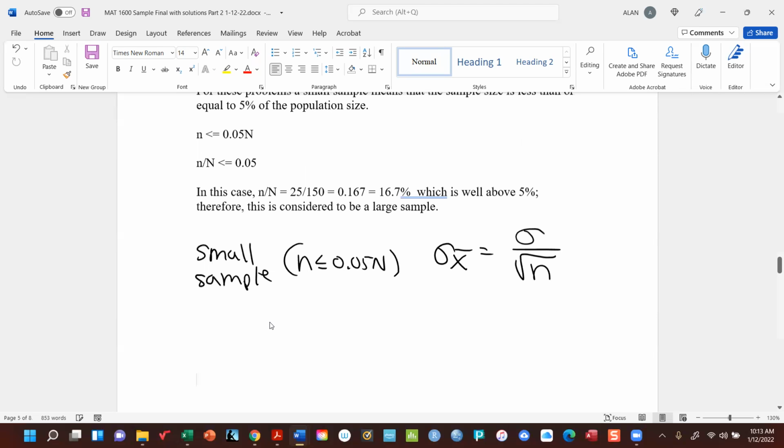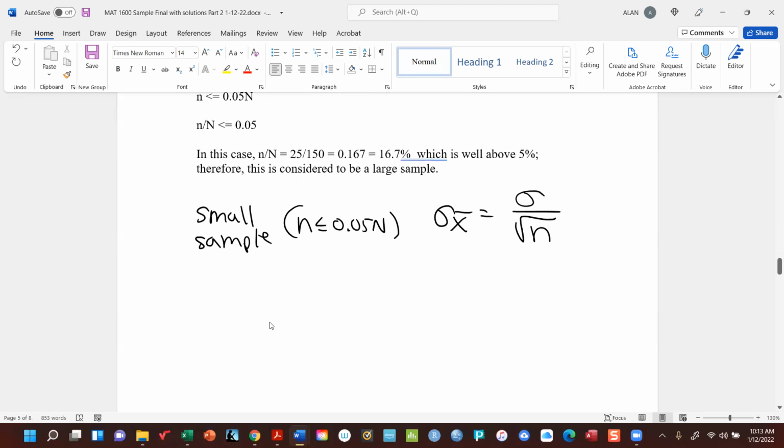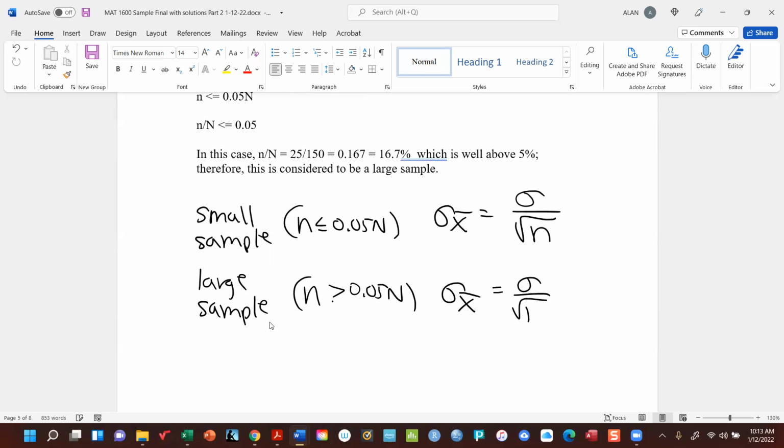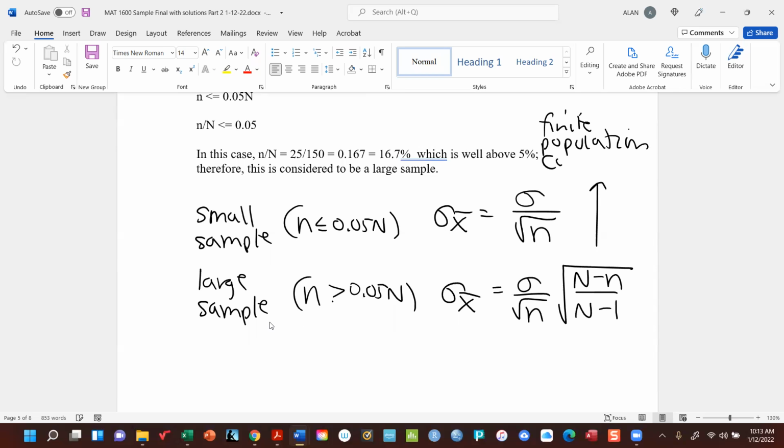And for our large sample, you have to make an adjustment to it. We need the so-called finite population correction factor. Okay, so don't forget, as far as terminology goes, this is the finite population correction factor.